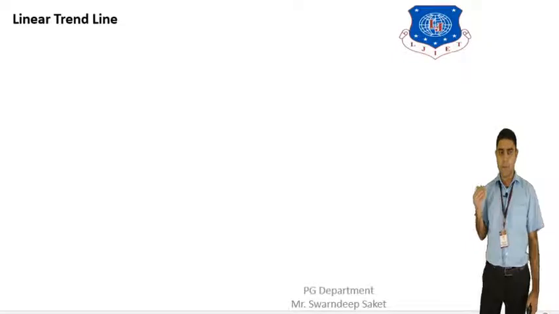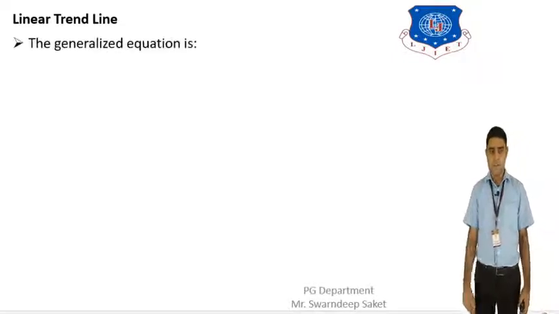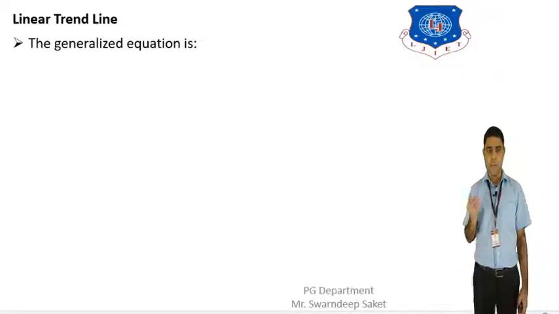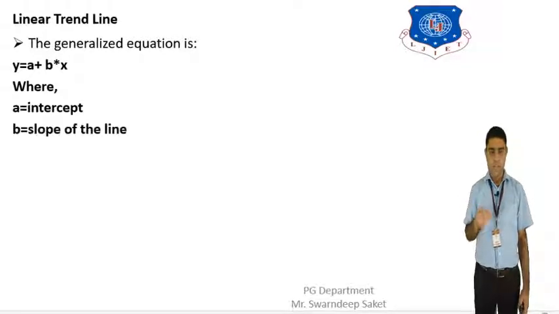Now we will see the linear trend line. The generalized equation for the linear trend line is y = a + b × x, where a is the intercept and b is the slope of the line.